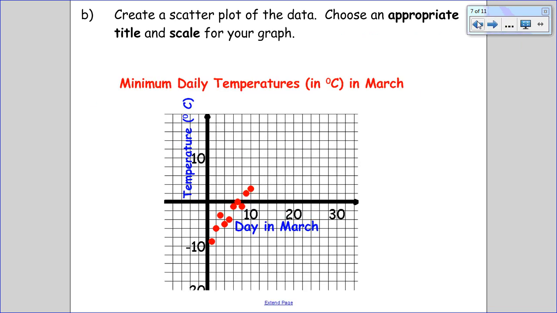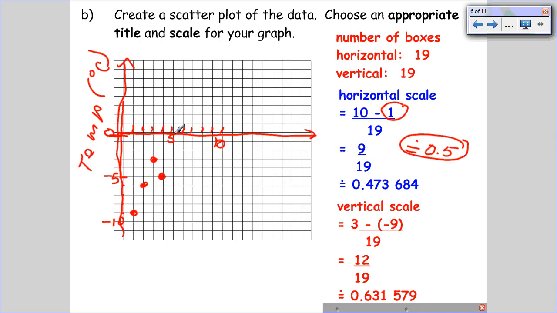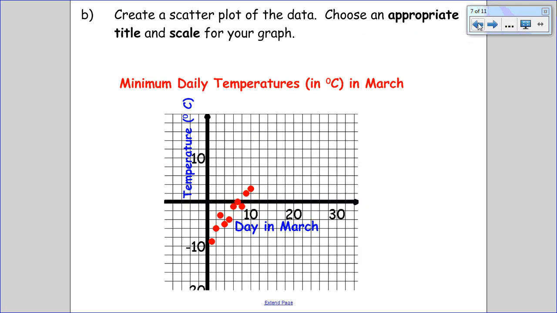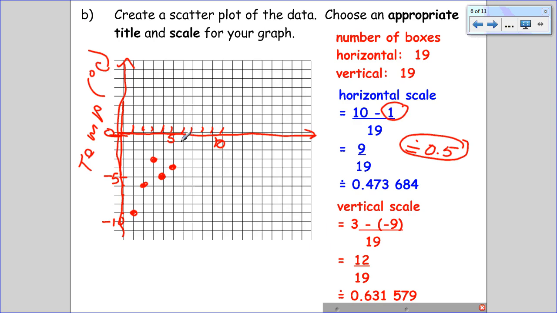Day 5 was -4, so right 5 and down 1, 2, 3, 4. Day 6, I keep going the wrong direction, is -1. Day 7 is 0, so right on the axes.